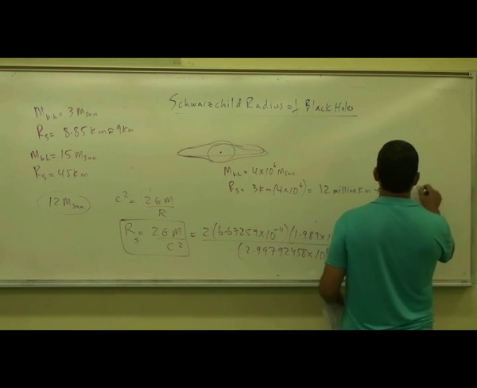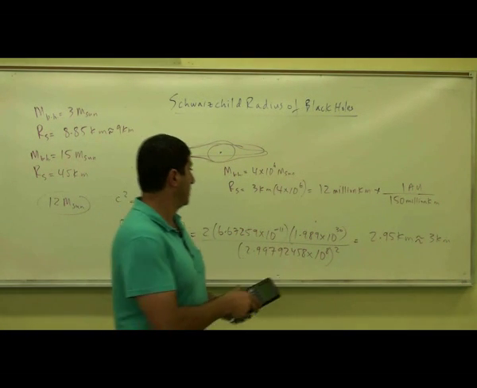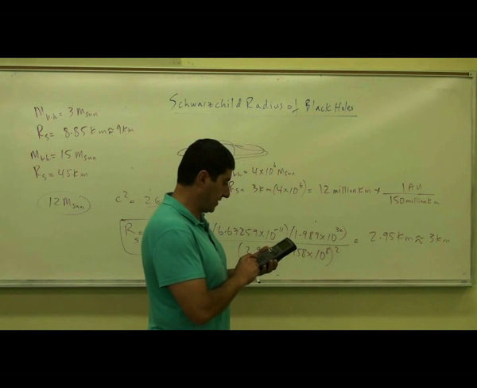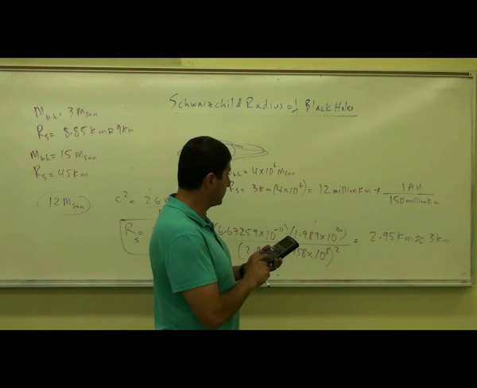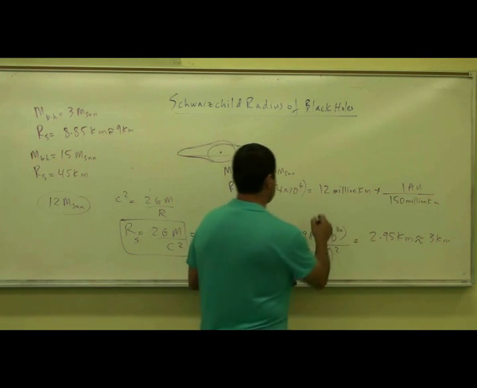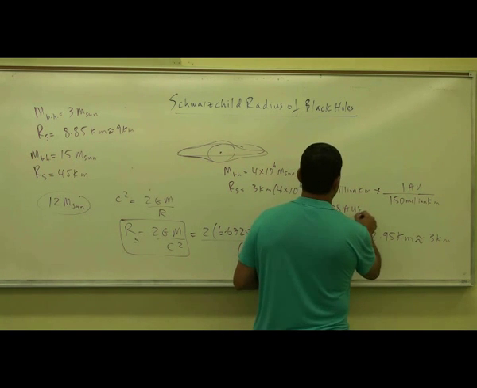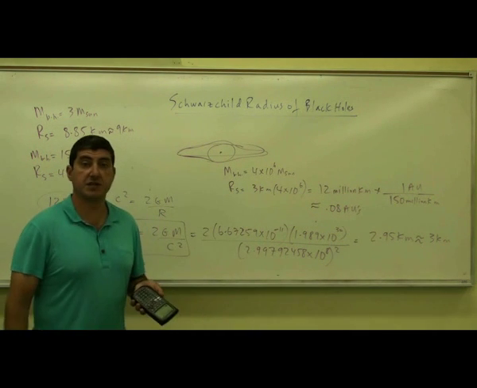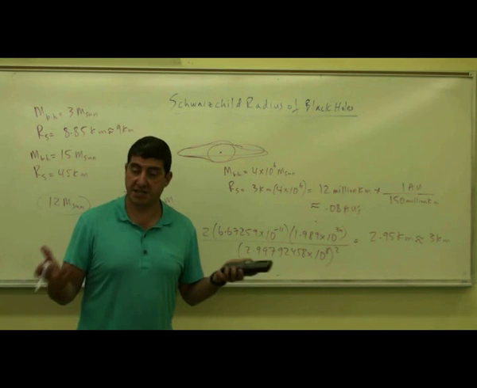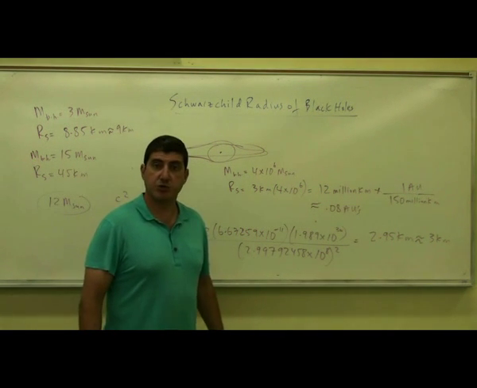That's roughly the distance between the Earth and the Sun. So 12 million divided by 150 million is 0.08. So 0.08 AU. So the Schwarzschild radius of the black hole at the center of our Milky Way is 8% of the distance between the Earth and the Sun.